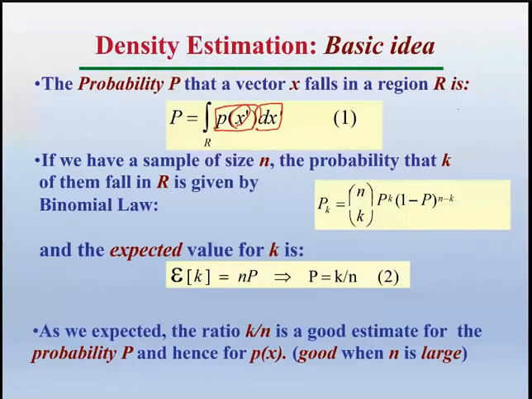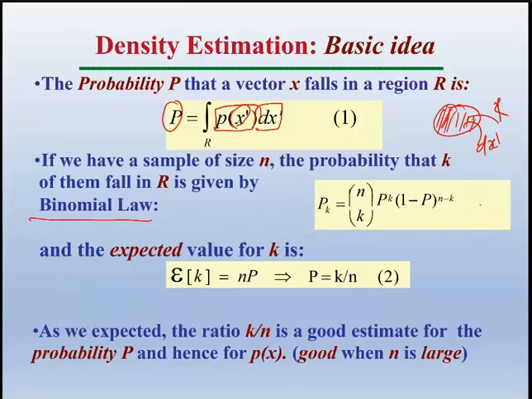Say this is my region, so my integration will run over all this region, and we are taking x dash as our variable. Whatever the integration of the density is, is my probability. So if we have a sample of size n, the probability that k of them fall in R, in the region of interest, is given by the binomial law.